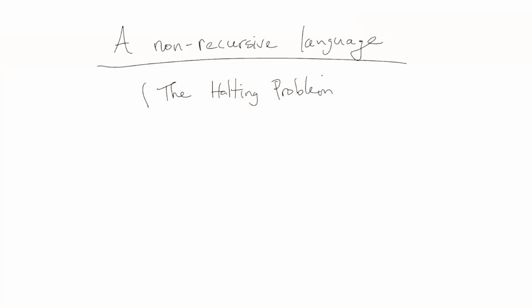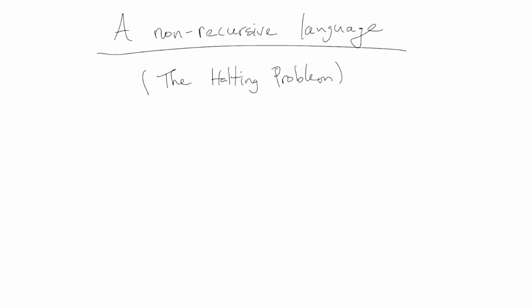And we did discuss this on the very first day of class. A non-recursive language. It is the language associated to the halting problem. So I'll refresh our memory in case you don't remember all the way back on the first day of class. I tried to explain this with fairly simple language back on day one, but we're a little more sophisticated at this point.